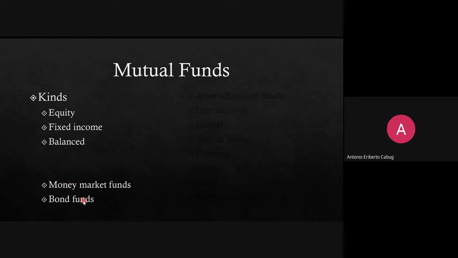So these two are types of fixed income: money market funds and bond funds. Then we have the asset allocation funds. Asset allocation funds are a type of balance funds.